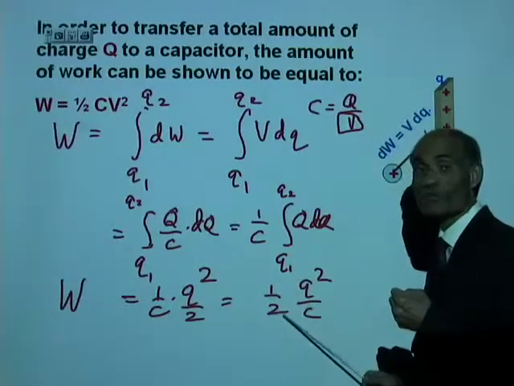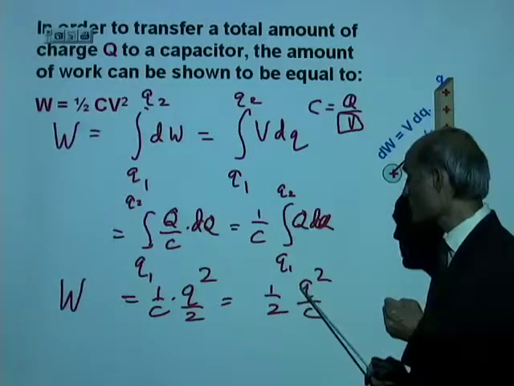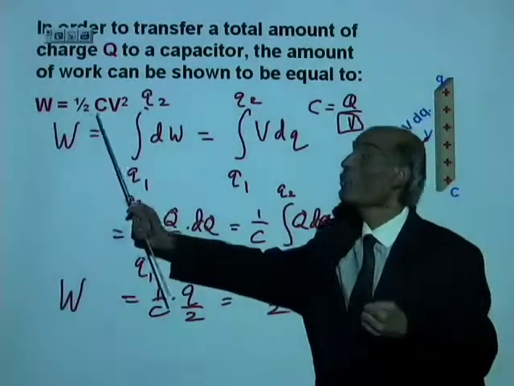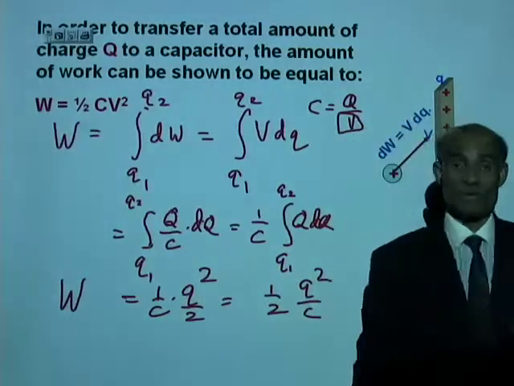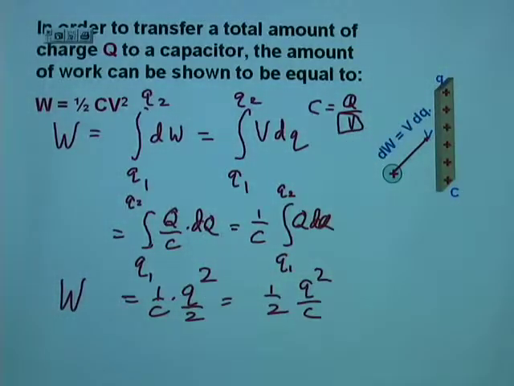Can you show that this is the same as 1/2 CV squared? Well, that's not difficult, because Q equal to CV. Q squared is C squared V squared divided by 2C, and one C will cancel, and that is 1/2 CV squared.